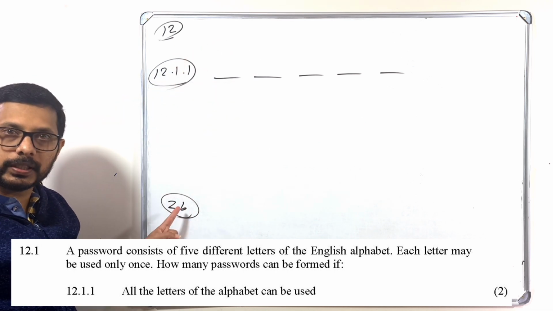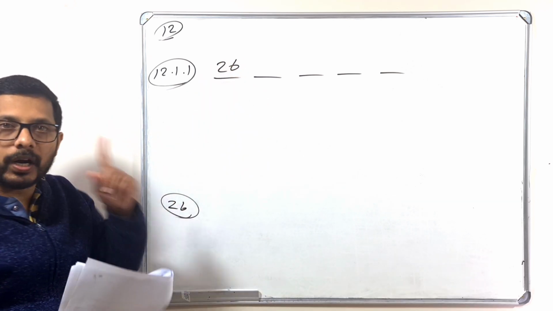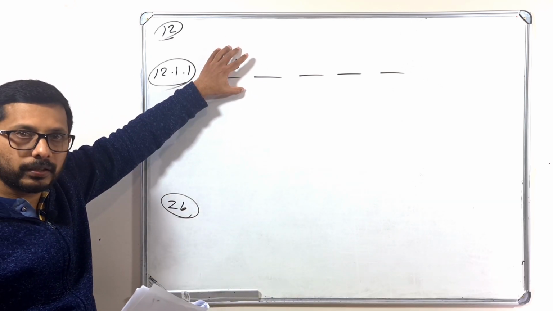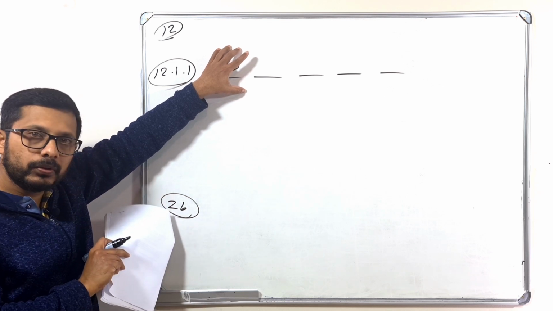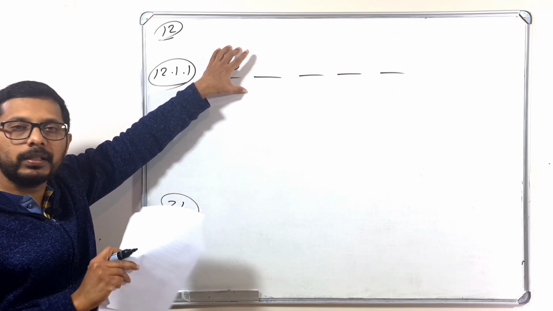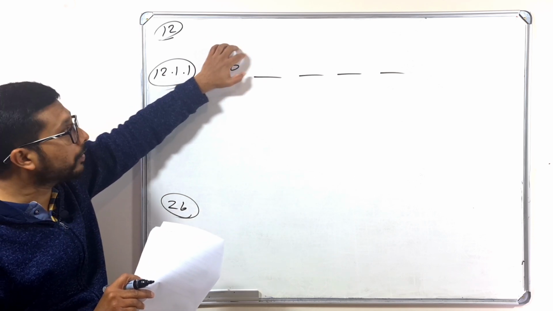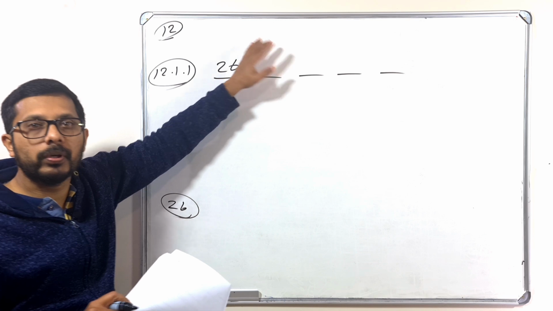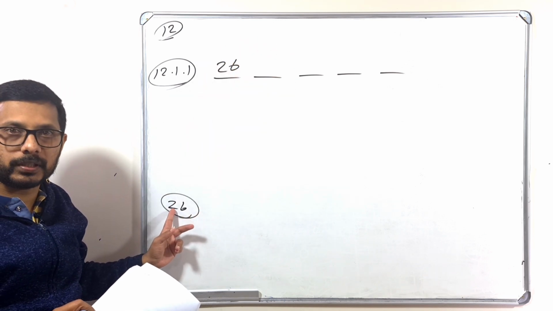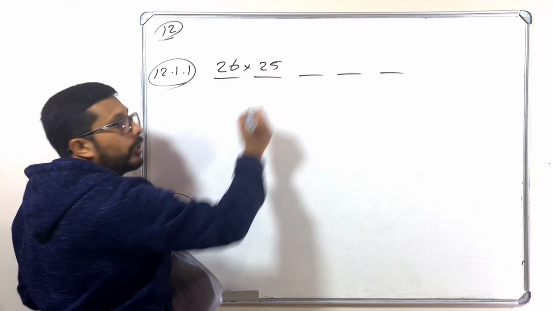All the 26 letters. Am I right? Assume that I used one letter there. Now how many letters do I have? Only 25, because I am not allowed to repeat the same letter. So for this position I have only 25 options.